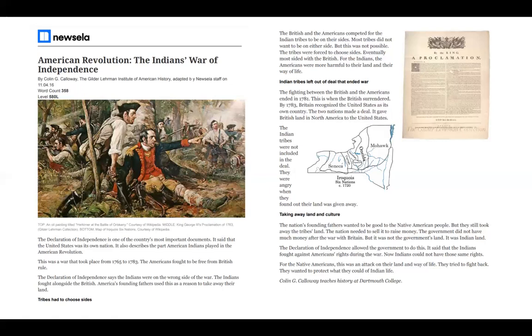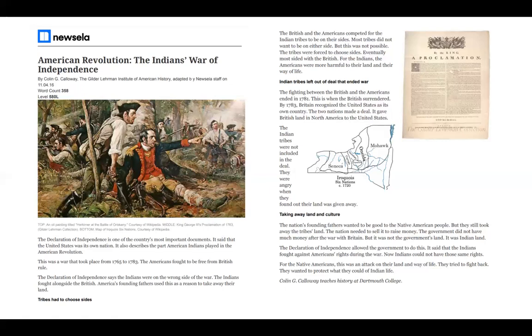Taking away land and culture. The nation's founding fathers wanted to be good to Native American people, but they still took away the tribe's land. The nation needed to sell it to raise money. The government did not have much money after the war with Britain, but it was not the government's land, it was Indian land.